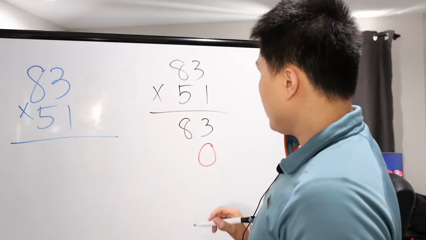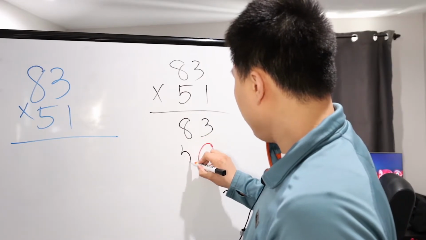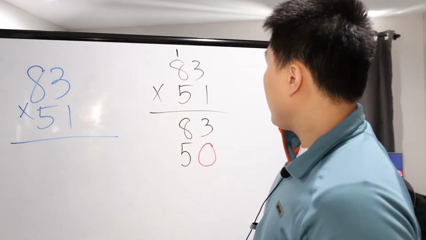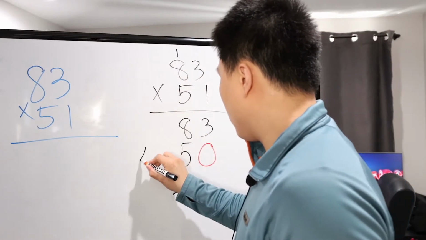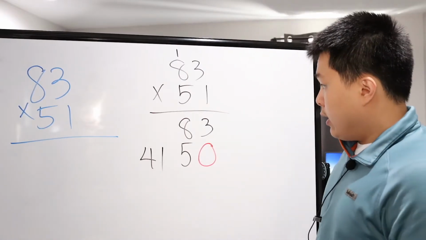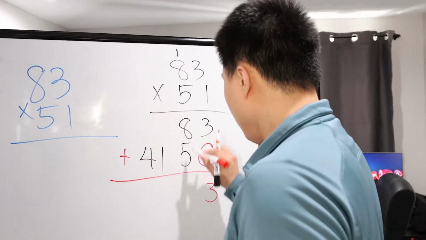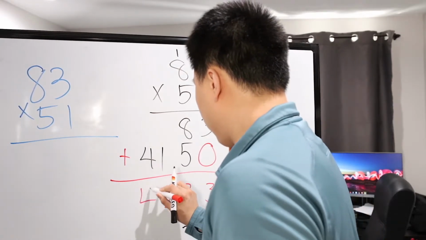So we have 3 times 5, which is 15. That's 5, and we carry the 1 right here, just to make sure that we still have it. And 8 times 5 is 40, plus 1 is 41 in this case. Now we have these two results, and we're going to add them together.